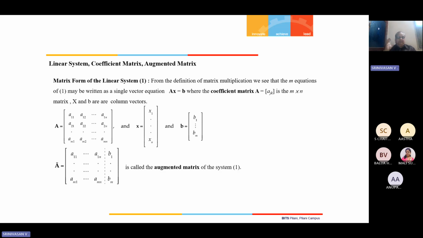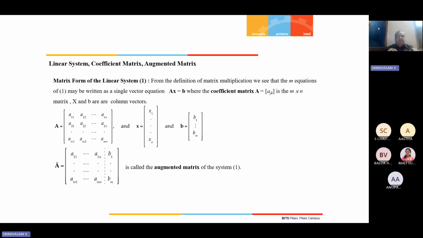So capital A, the matrix of coefficients, is an m by n matrix, with m rows and n columns. According to this description, the system (1) has m equations in n unknowns. Therefore X is the column vector having n components x1, x2, etc., xn, and B is the column vector having only constants b1, b2, etc., bm.